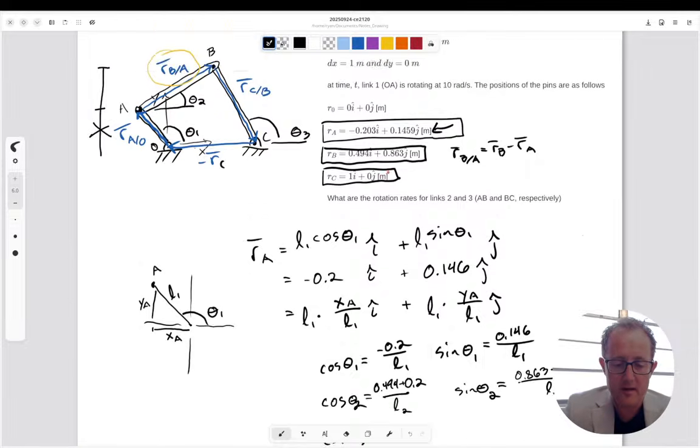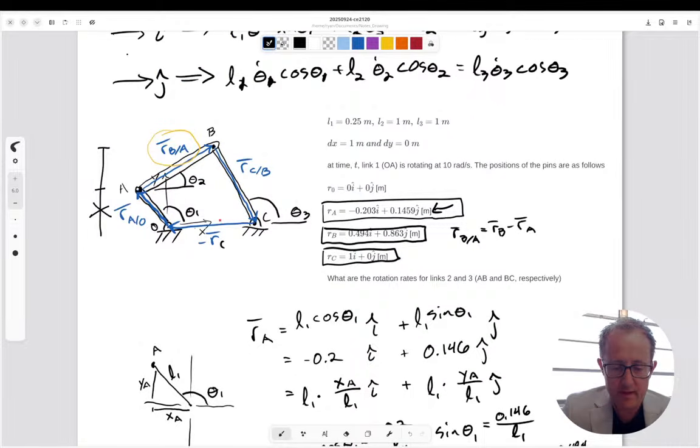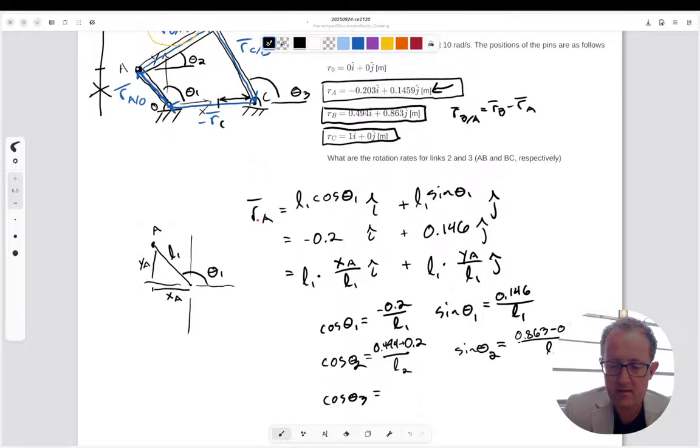But in the x component, really I just want this distance. So I have to take this value minus this value. Well, 1 minus, so let's just do it. We'll say that it's equal to 0.863 minus 1 all over L3.